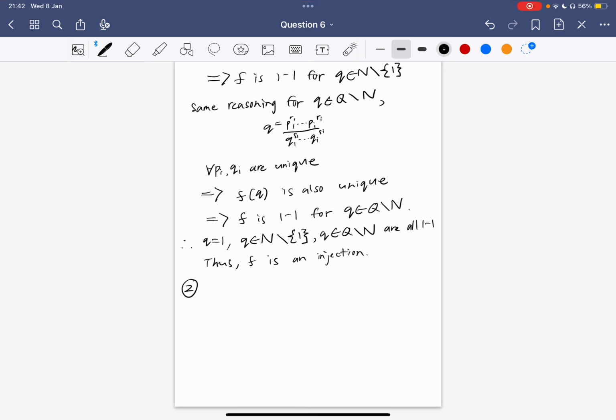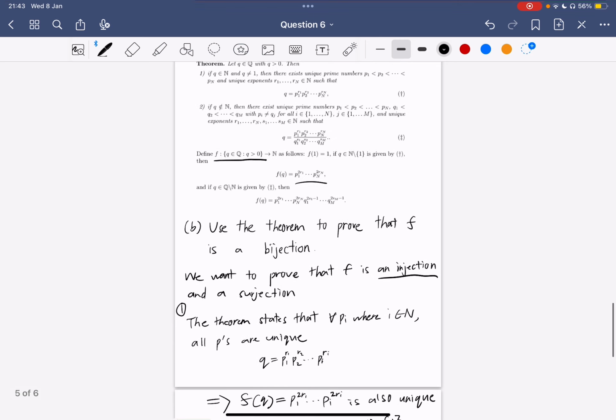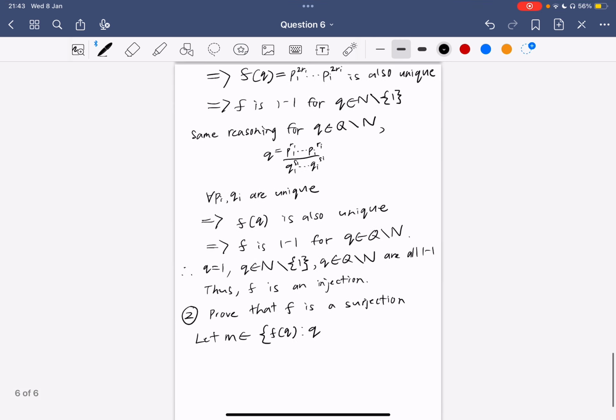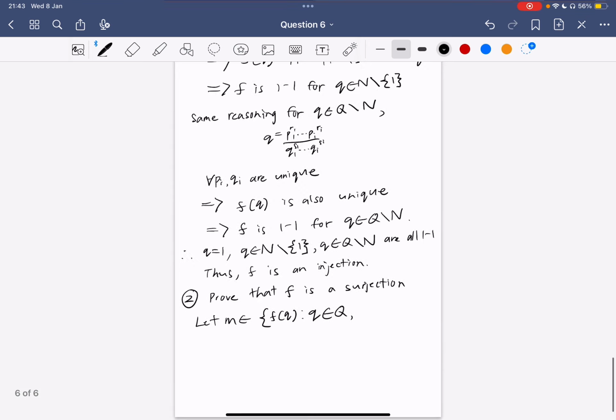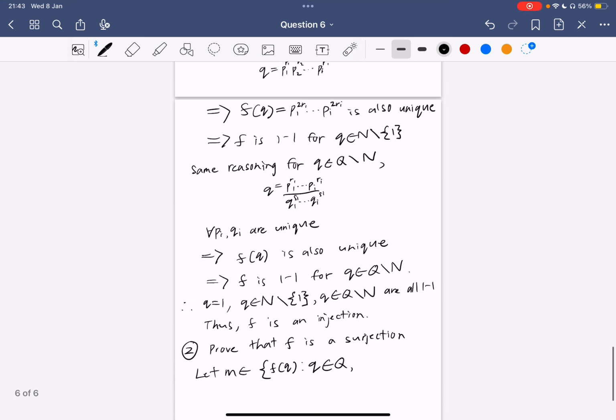And in part 2, we want to prove that f is a surjection. So we first let m be an element in the set of f of q, where q is in the set of rational numbers and they are positive.